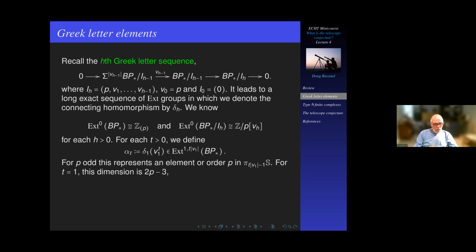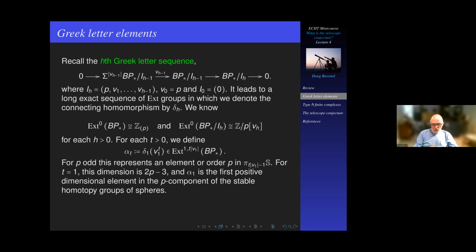For t equals 1, this dimension is 2p minus 3, and this is the first positive dimensional element in the p-component of the stable homotopy groups of spheres. This is if p is odd. For p equals 2, it's a little different. Now, these alpha_t's comprise what we now call a v1-periodic family.